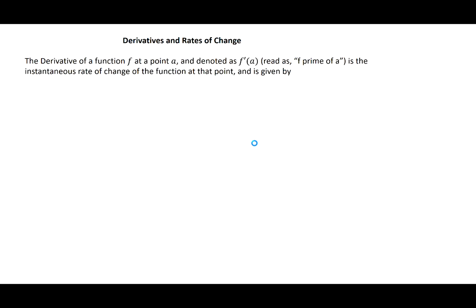Instantaneous rate of change, I'll try to make all those things clear. And f prime of a is given by this particular limit: limit as h approaches 0 of f of a plus h minus f of a, all over h.